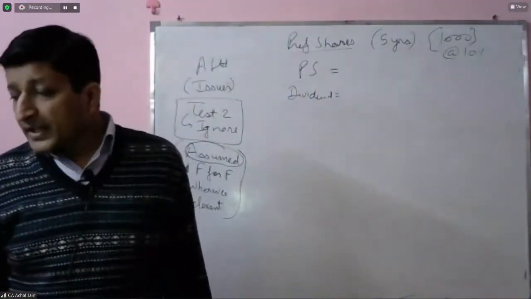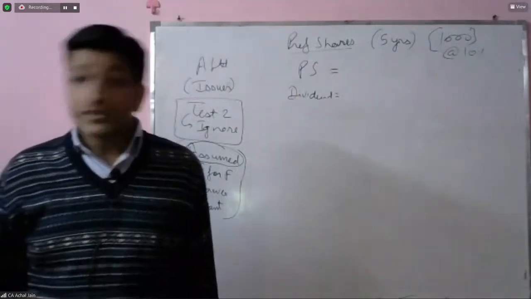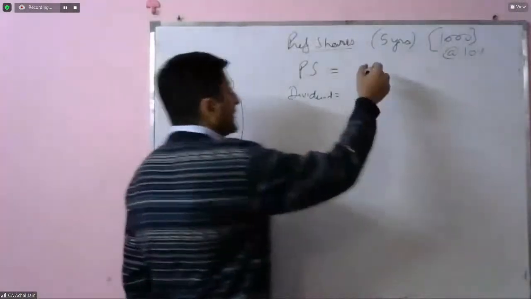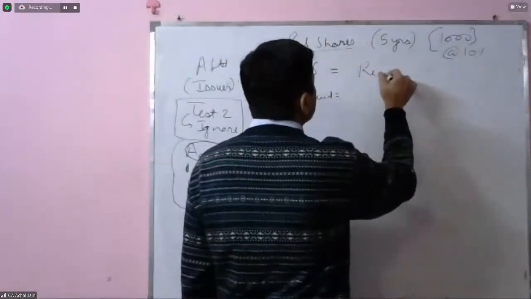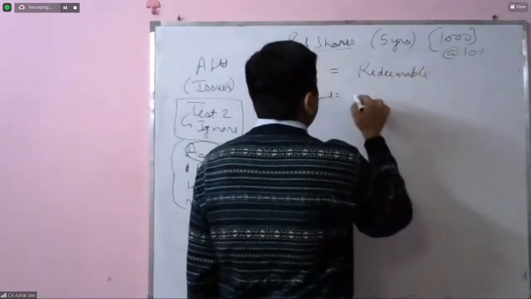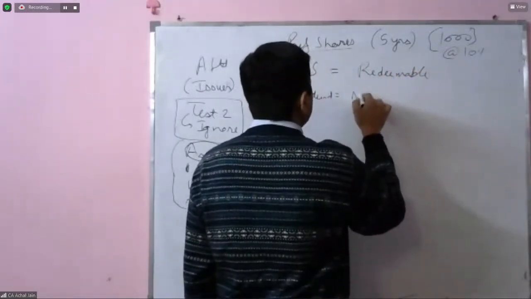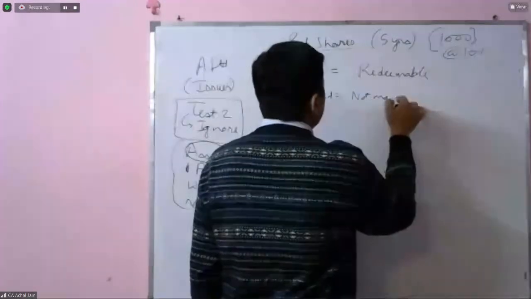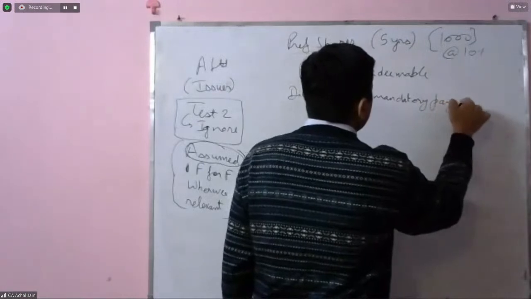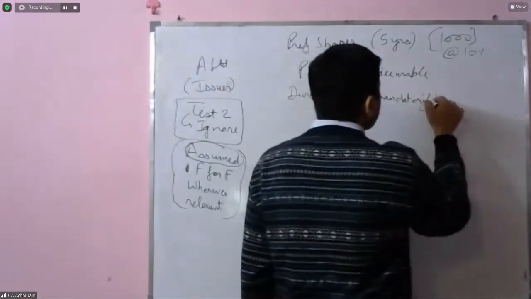Now I'm bringing in some more instruments which need to be answered. Let's suppose preference shares are redeemable and dividend is also not mandatorily payable.